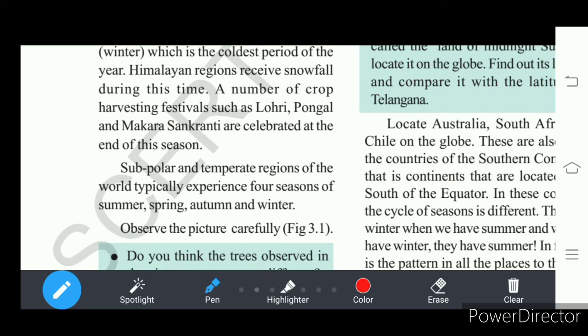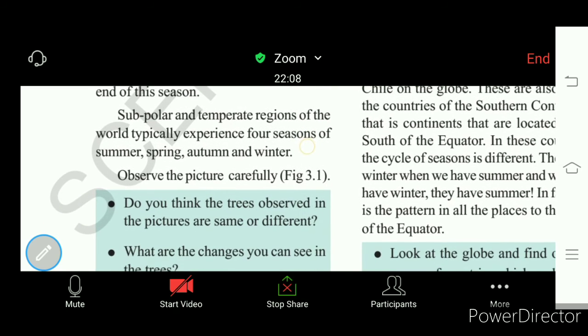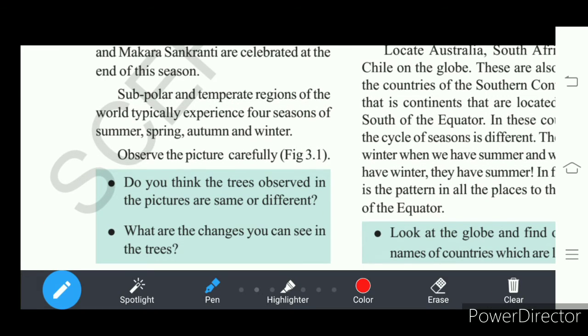Okay, going to subpolar. Up to now, we have seen the changes taking place in India, right? That means India is witnessing six Ritus. But as for subpolar and temperate regions, our Earth is spherical in shape and is divided into three zones.